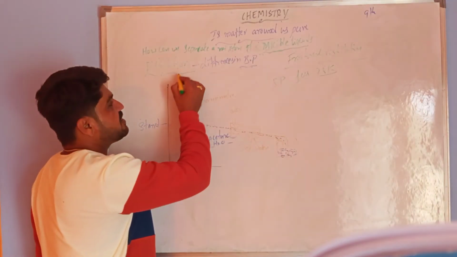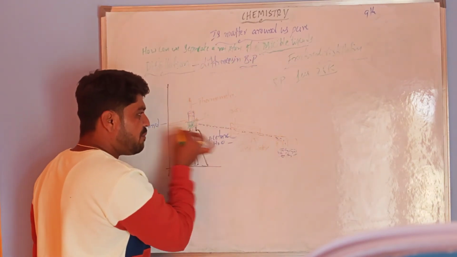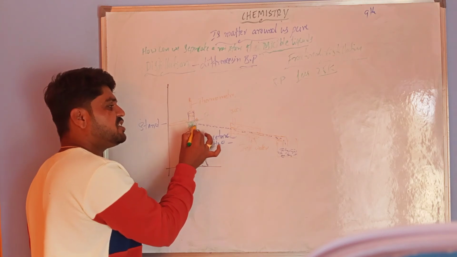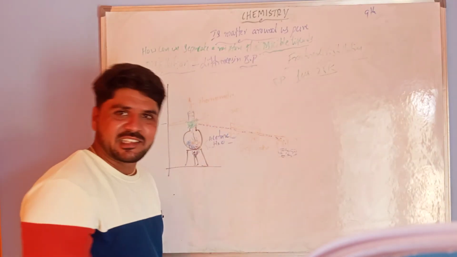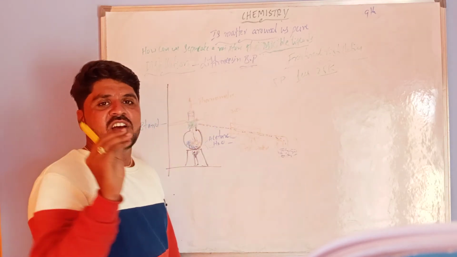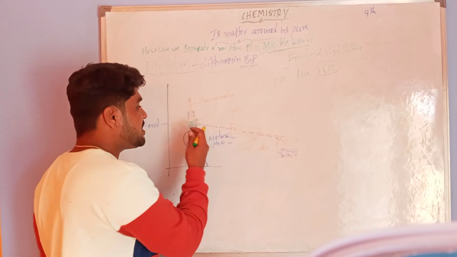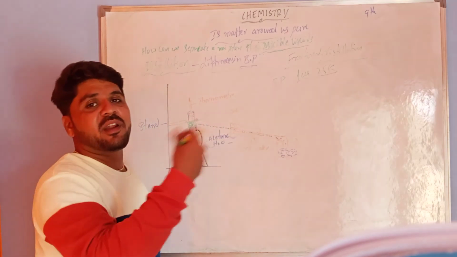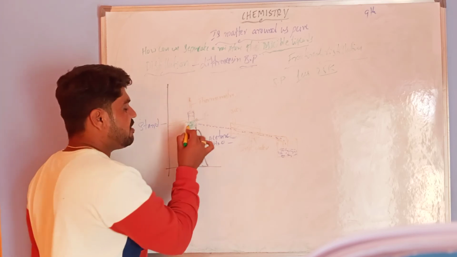The main difference between distillation and fractional distillation is that in this apparatus we fix the fractionating column. This fractionating column is filled with glass beads or small glass pieces. The glass pieces give space for repeated vaporization and condensation of vapors.